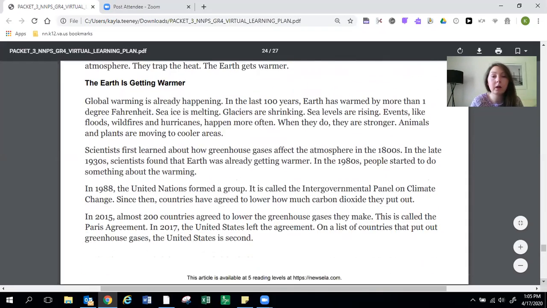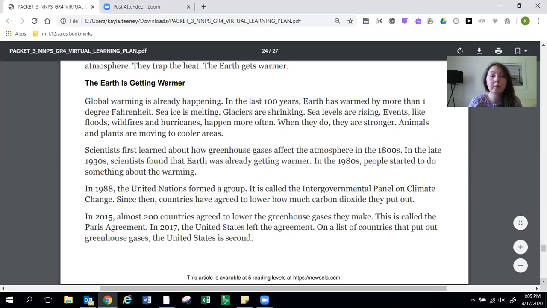In the last 100 years, Earth has warmed by more than 1 degree Fahrenheit. Sea ice is melting. Glaciers are shrinking. Sea levels are rising. Events like floods, wildfires, and hurricanes happen more often. When they do, they are stronger. Animals and plants are moving to cooler areas.